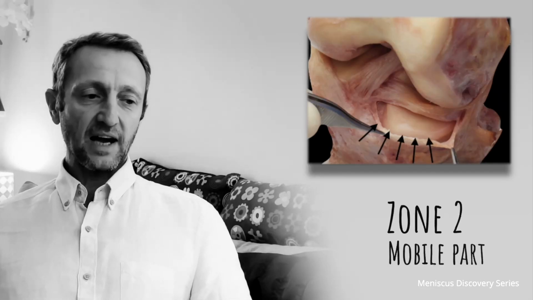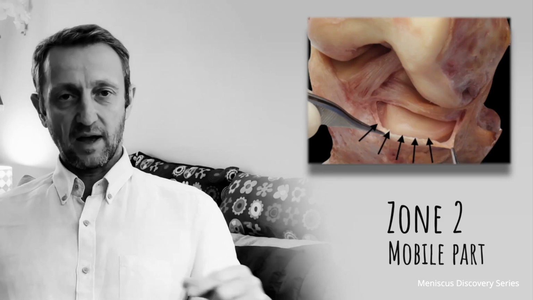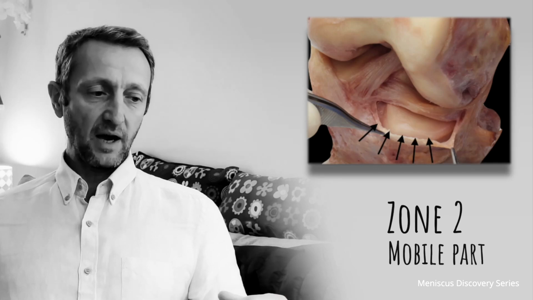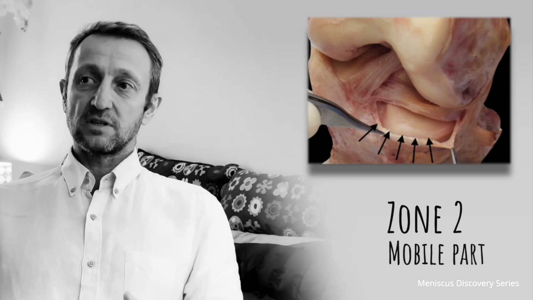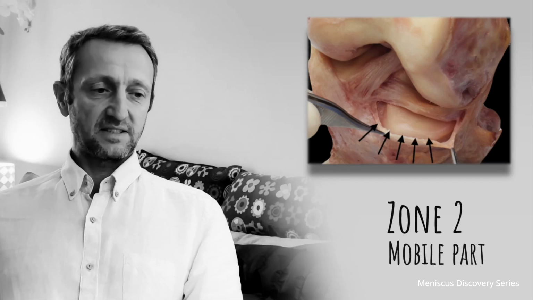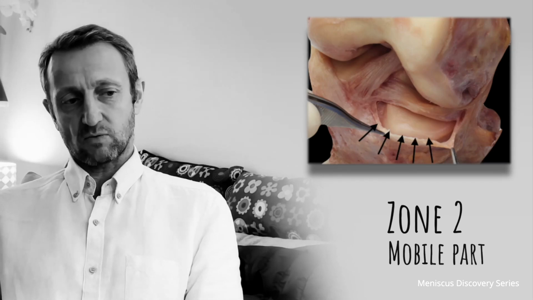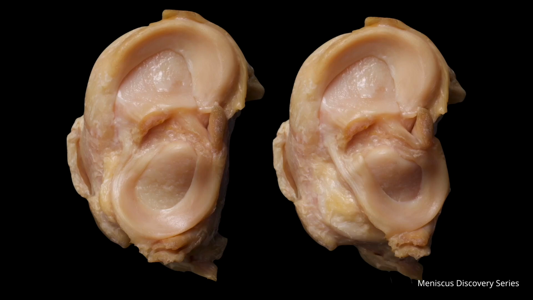If you can see the picture, when I cut it, there is a very thin membrane, like the synovium membrane, between the lateral meniscus and the tibia, a kind of recess. Sometimes it is described on the MRI as a cyst, which is not a cyst. It's just a recess which allows the movement of the meniscus on the lateral tibial plateau.